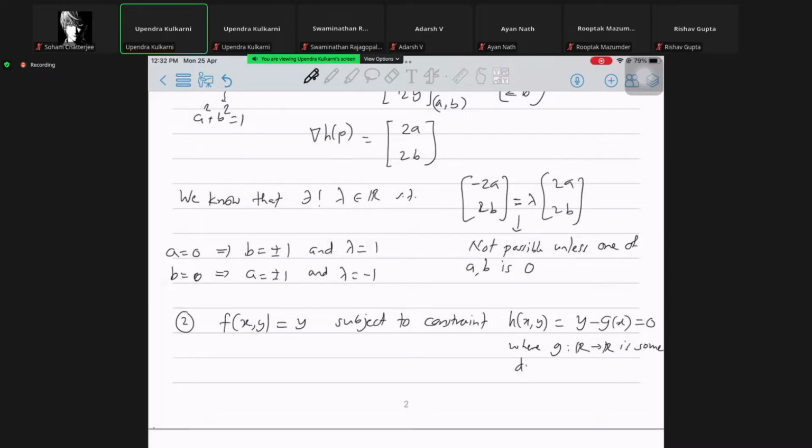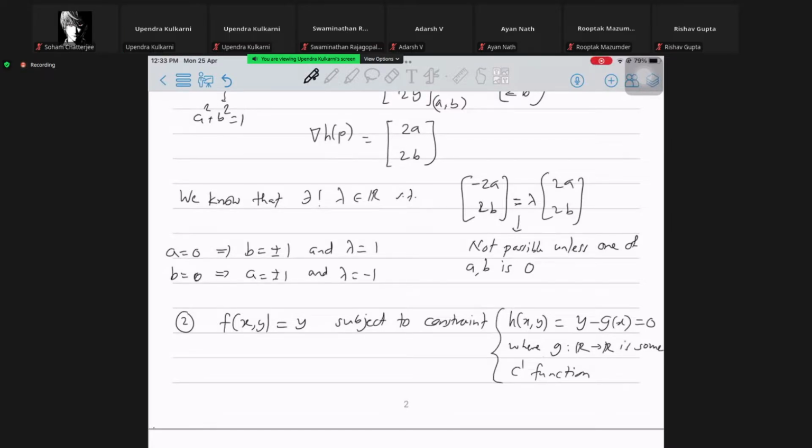Here g is some differentiable function, let's say a C1 function. What does it mean to maximize or minimize f with respect to the given constraint? I think we're just trying to optimize g, right?